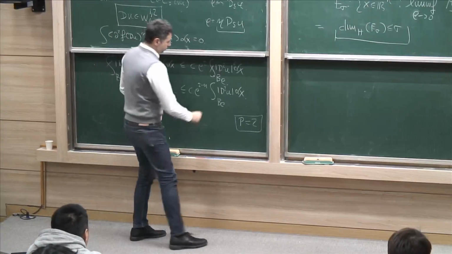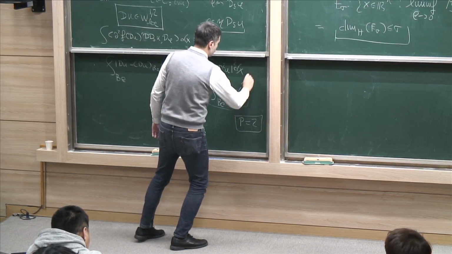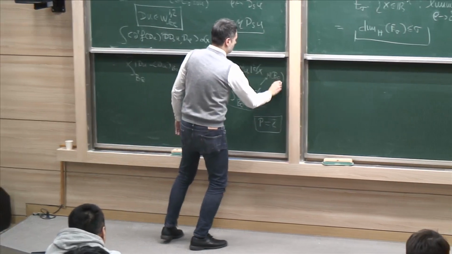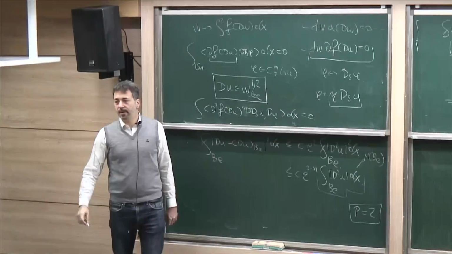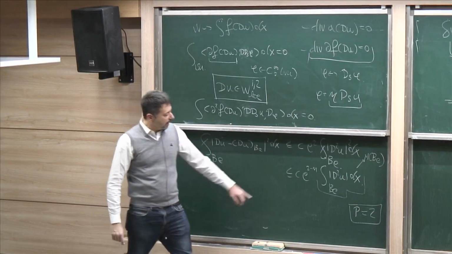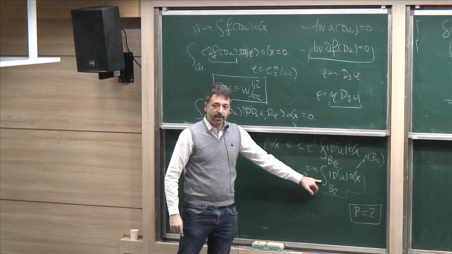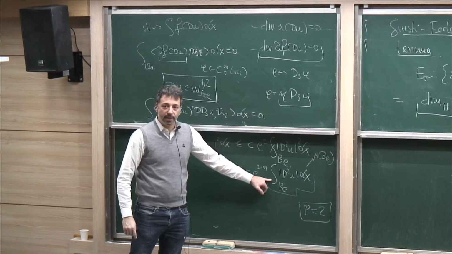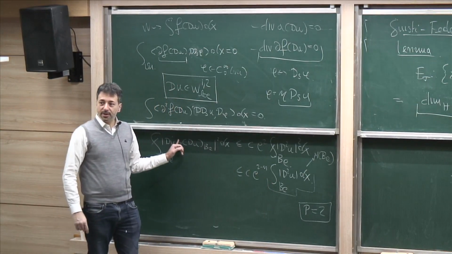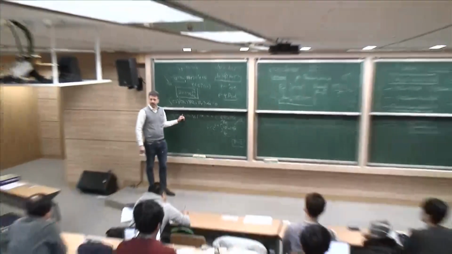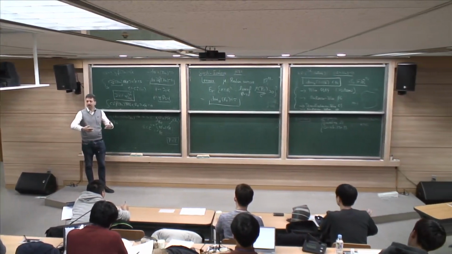And now you make the trivial observation that this is a positive measure, and therefore you can estimate the size of the set where the limit is larger than 0, which is essentially the singular set of the first functional.